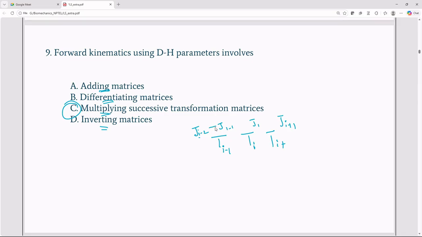So this will be the relations between four different joints. Then we can find the relation by continuously multiplying. That is the relation of Ji-2 to Ji+1 by continuously multiplying these three matrices. So that is the correct answer, multiplying successive transformation matrices.